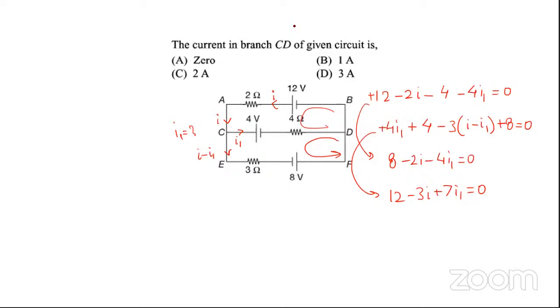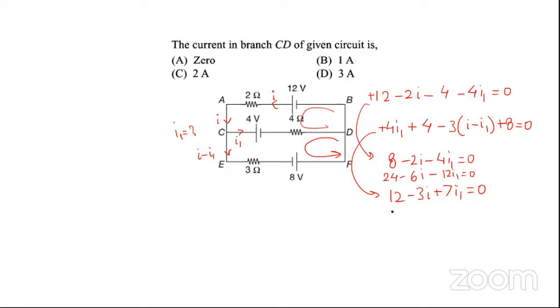Am I audible? Alright. So I want to find I1. So can I eliminate I from these equations? If I multiply this by 3, I'll get 24 minus 6I minus 12I1 equals to 0.